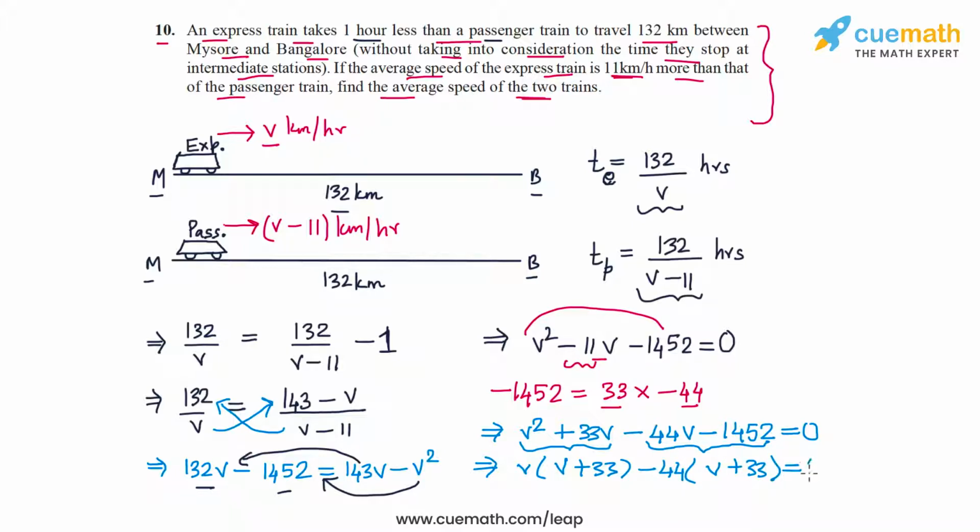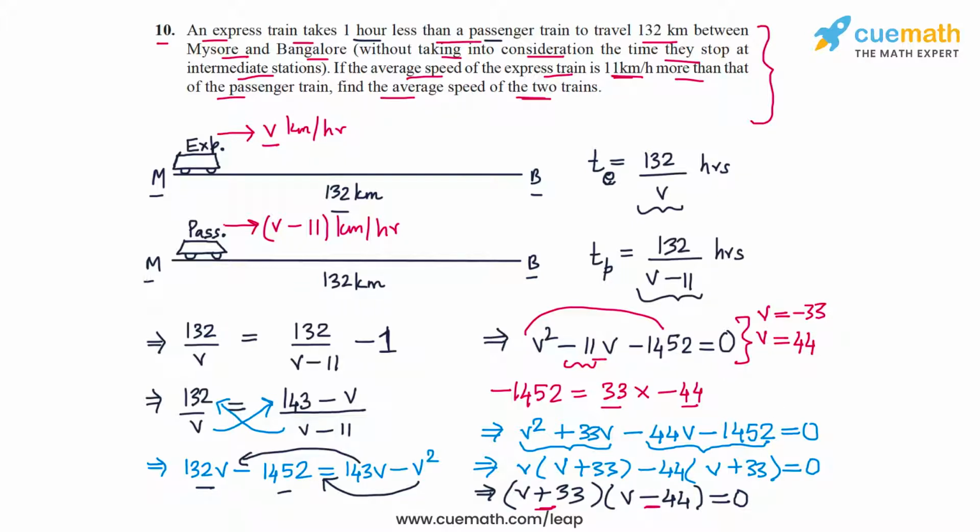This is equal to 0. And now we can take out v plus 33 common, so v plus 33 times v minus 44 is equal to 0. So the two roots of this quadratic equation are v equal to minus 33 from the first factor, and then v equal to 44 from the second factor.